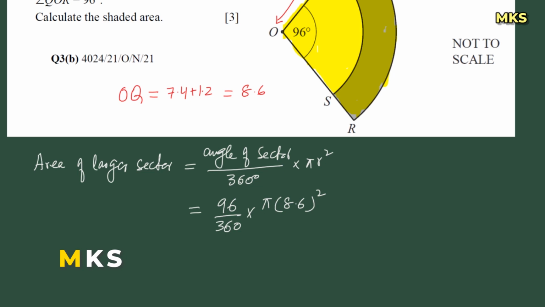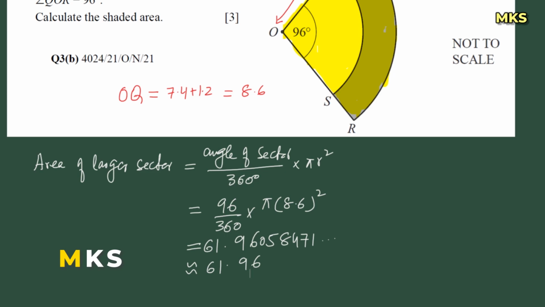So that gives 61.96058471. So we will take it correct to four significant figures, because during the calculations we must keep one level up. The last and final answer will be rounded off correct to three significant figures.